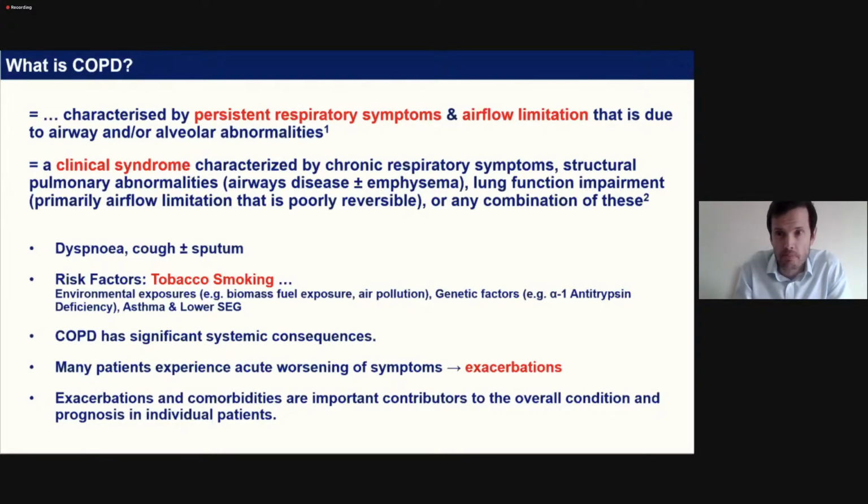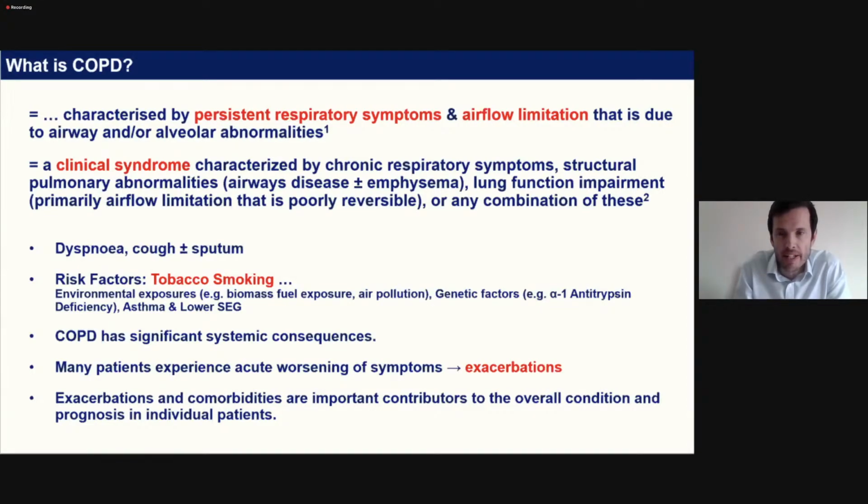COPD may perhaps be better defined as a clinical syndrome, which is characterized by chronic respiratory symptoms, structural abnormalities, which can be airways disease, emphysema, or both, lung function impairment, which is primarily airflow limitation that is poorly reversible, or any combination of these. The most common symptoms are dyspnea, cough, and/or sputum production.